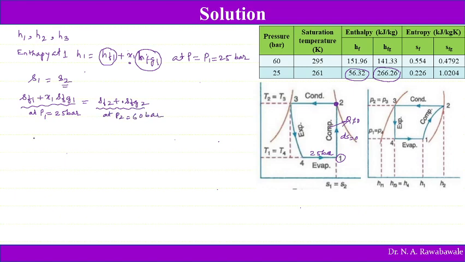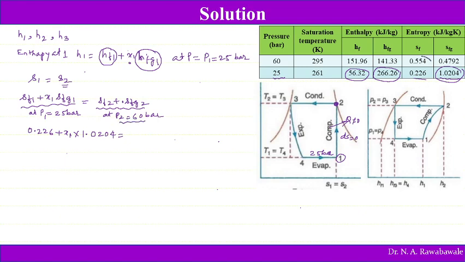So now SF1, we know SF1 is 0.226 plus X1 into SFG1, the entropy at 25 bar, SFG is 1.0204, which is equal to the entropy at pressure P2 equal to 60 bar.